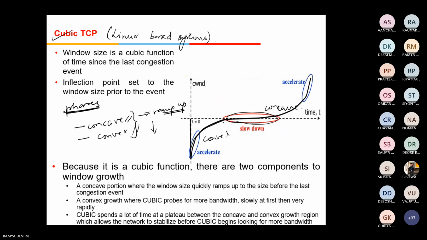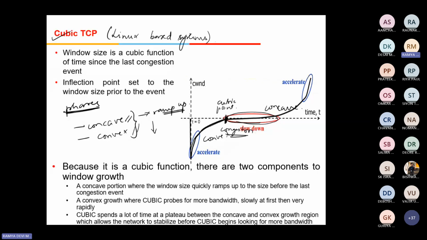Convex is nothing but it grows, right? So the window size reaches here. This is the value where the congestion is there. So I can say this is the cubic point. Until this point, the window size will be growing in a cubic way.